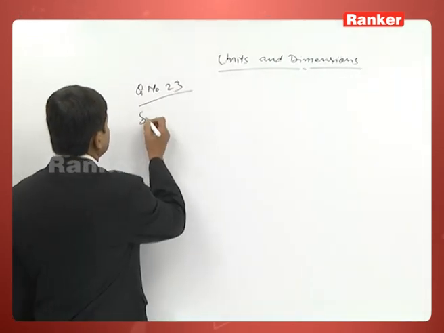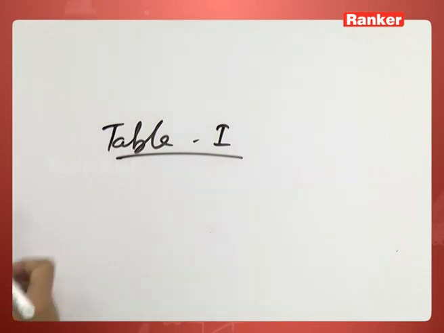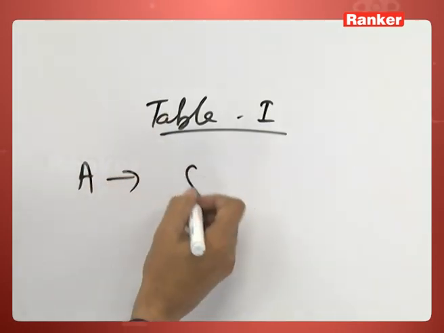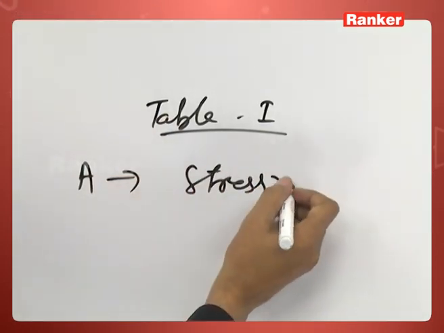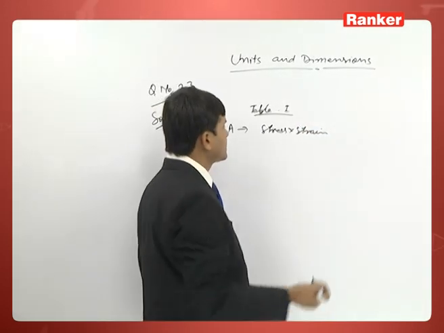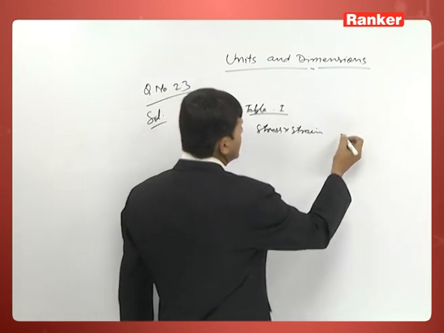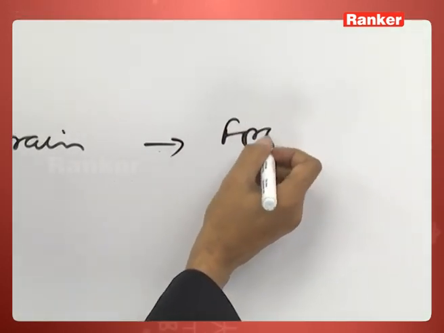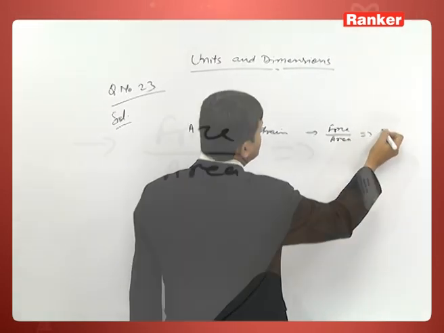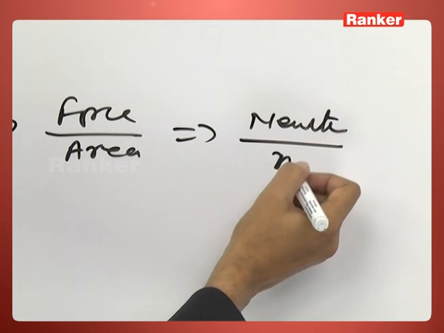See, first we will check table 1. In table 1, if we look at option A, A is stress into strain. If I look at the dimension of stress into strain, stress means force per unit area. Strain does not have any dimension. Force per unit area: the force is Newton per meter square.